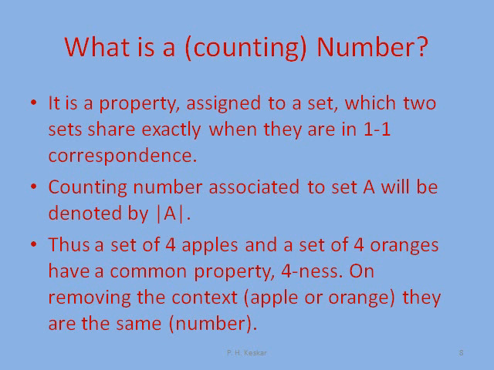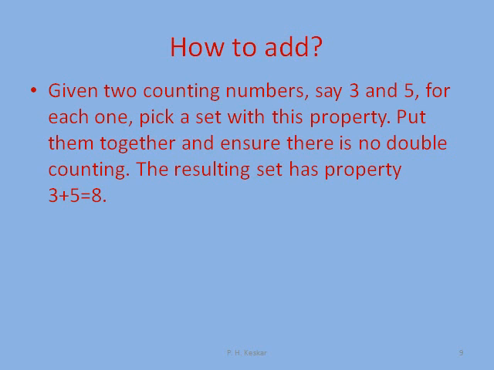Now, having obtained what this number is, we can do some operations on them. How do you add two counting numbers? So we have say 3 and 5. What we have to do is take one set with 3 elements and one set with 5 elements.